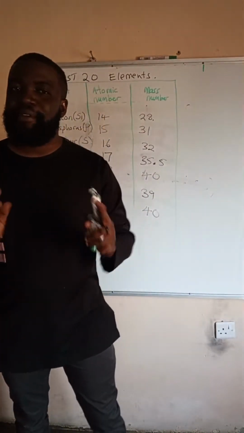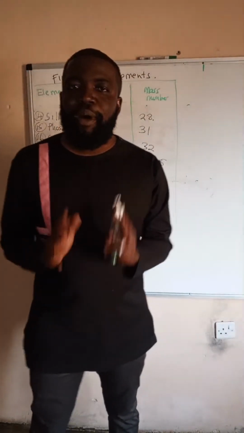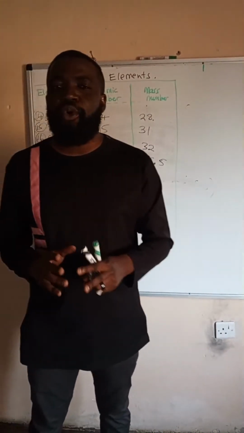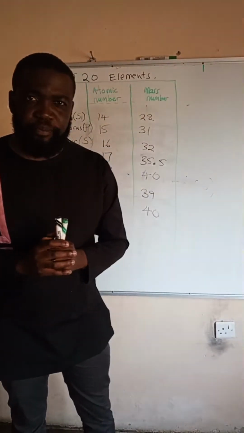So today we have learned a recap of what an atom is. I said an atom is the smallest particle of an element that takes part in a chemical reaction.